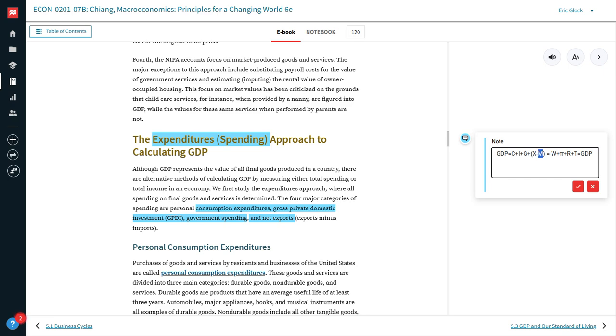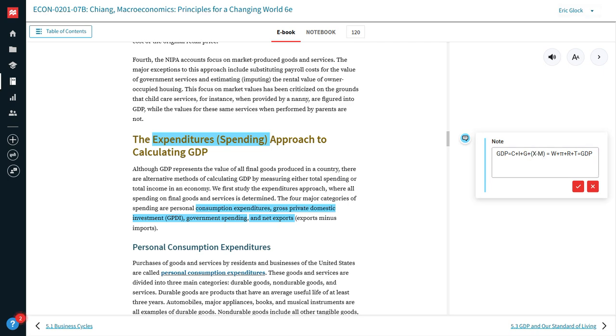And then this is spending that's going abroad. It's not being spent in the United States, so it has to be subtracted. Import spending has to be subtracted from spending in order for spending to equal income, because this is spending that is not going into income, it's going abroad. So that is where we get this X minus M.